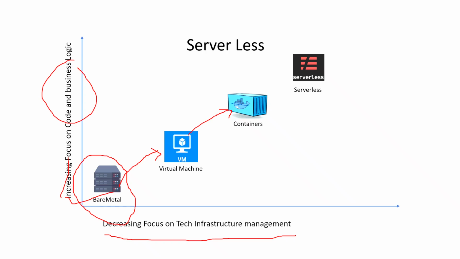The focus is now more on the business logic than on the management of infrastructure, but you're not there yet. If you compare with bare metal, a lot of things have been offloaded to the system itself, but you are still managing infrastructure a lot.